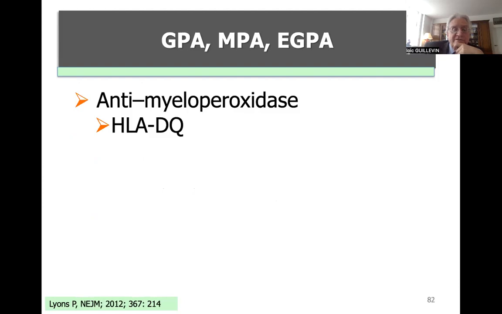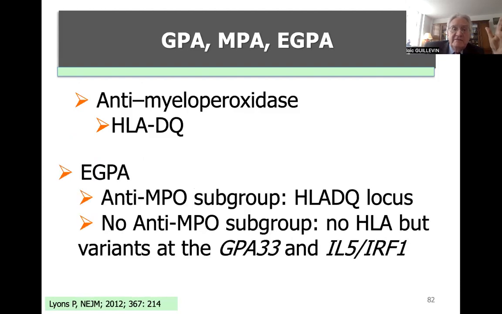For anti-myeloperoxidase, the different HLA. And in GPA, a subgroup, HLA-DQ, has also been identified. And when patients are not in the anti-MPO subgroup, there is no HLA, but other genetic variants. And it is very interesting because, of course, it is not used like we use B27 to help make the diagnosis of spondyloarthropathies.